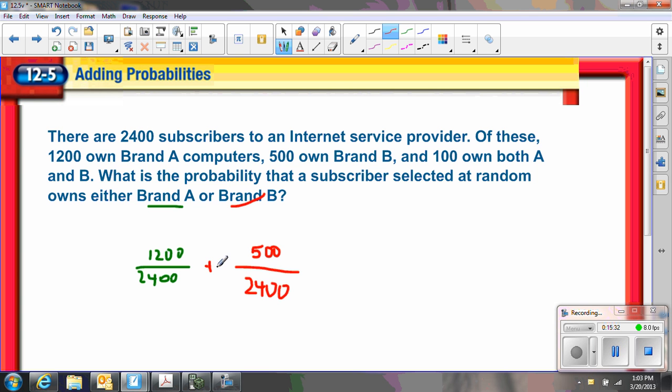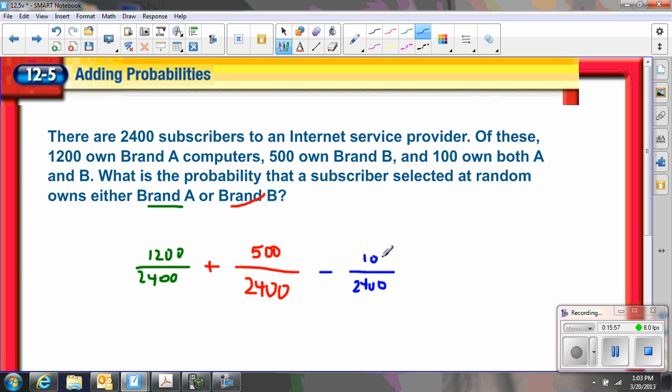If I add those two numbers together, that will give me the probability of brand A plus brand B, each of them occurring. But now, since they are inclusive events, I now have to subtract out the probability of someone who has both occurring. So again, there's 2,400 total subscribers.